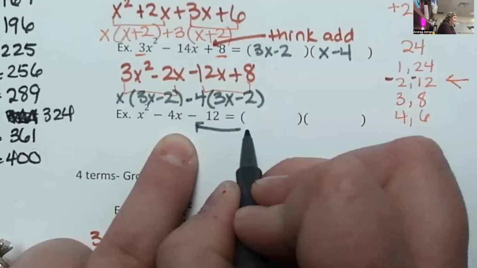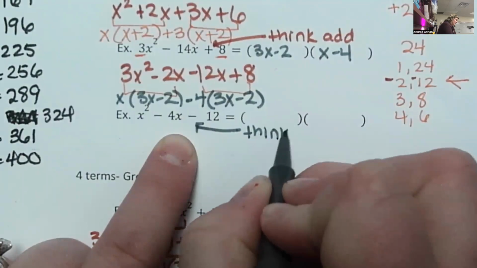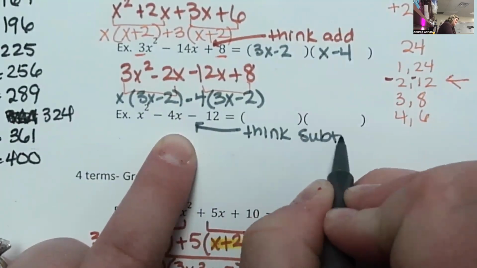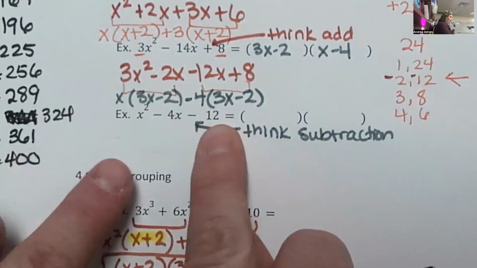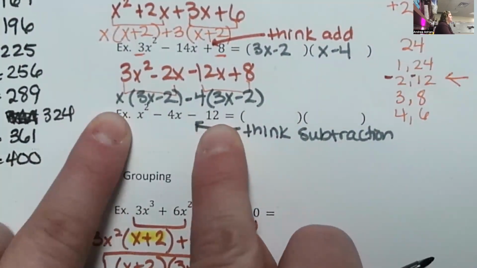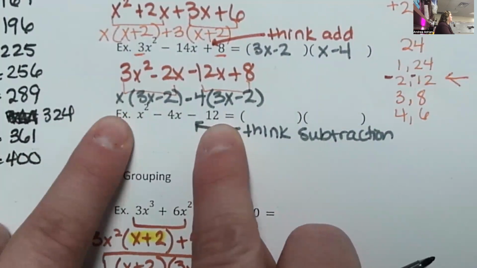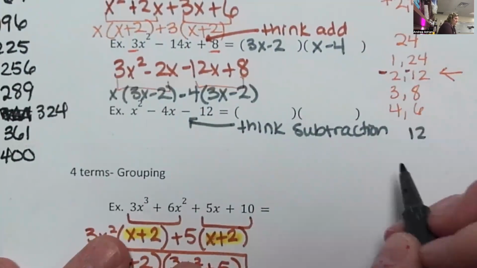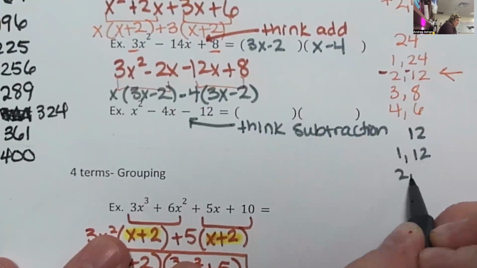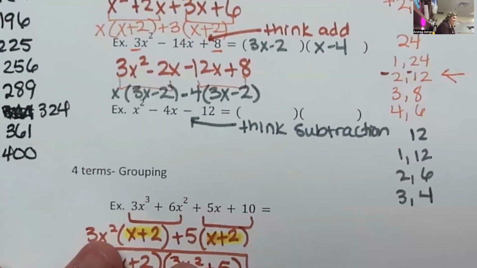So instead of thinking adding, we're gonna what? Think subtraction. Yep. Okay. 12 times what? What's in front of this x squared? A 1. What's 12 times 1? 12. Okay, so I'm gonna list my factors of 12. 1 and 12, 2 and 6, 3 and 4.